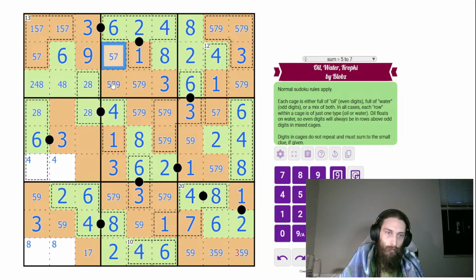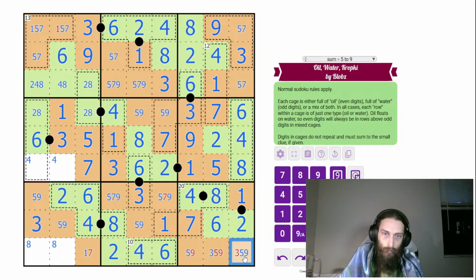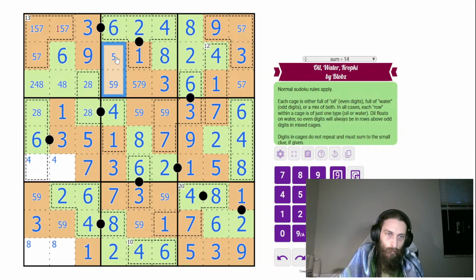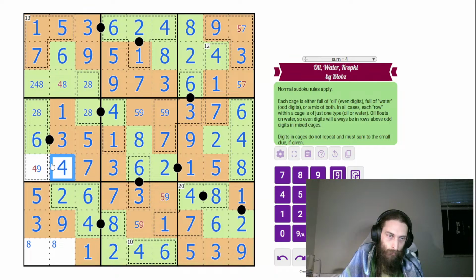Box 3 has a 12 cage. Odd, even. 7, 8. What was the 7, 8?